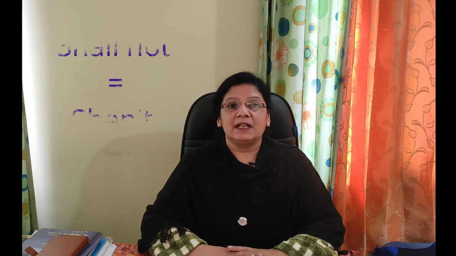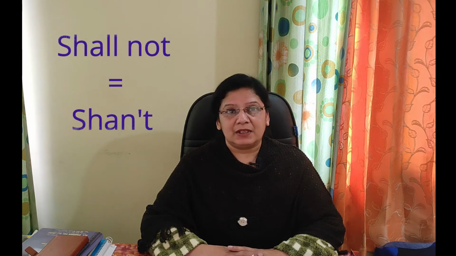Same shortened forms can be made otherwise also, like shall not can be changed to shan't, will not to won't, and cannot to can't, they have to they've, she is to she's. Many contracted forms are used. These are short forms and we call this process elision. Elision means omitting some of the letters to form the shortened or contracted form of the words.